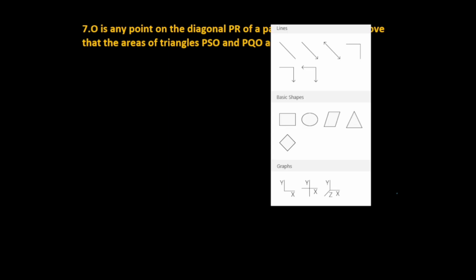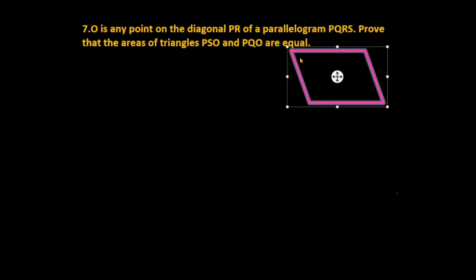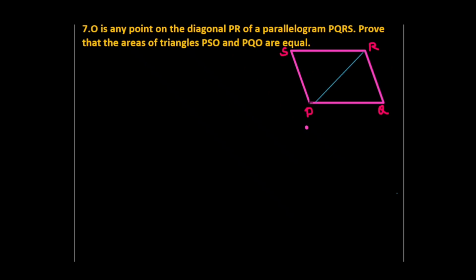Now let's take a parallelogram, naming it P, Q, R, S. O is any point on PR, so join the diagonal PR. After joining the diagonal PR, O may be any point on PR.